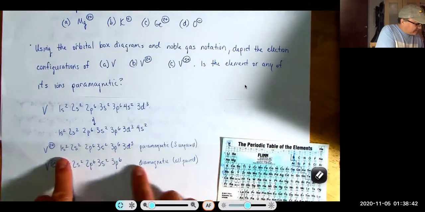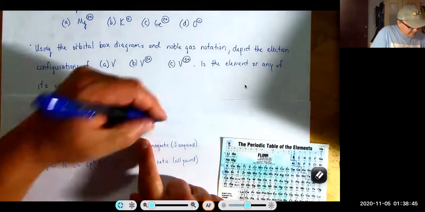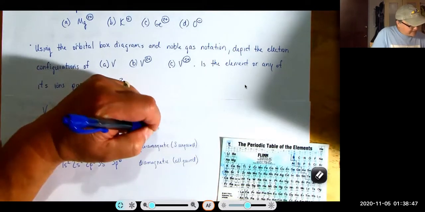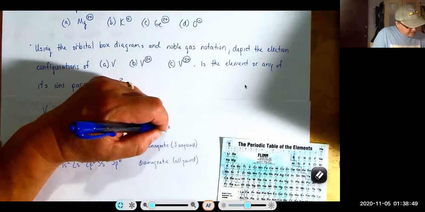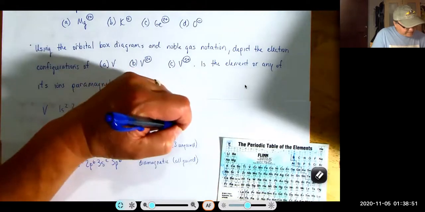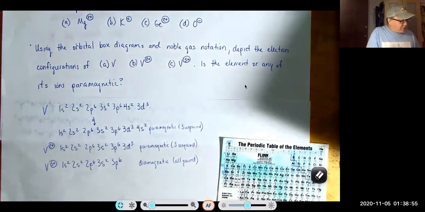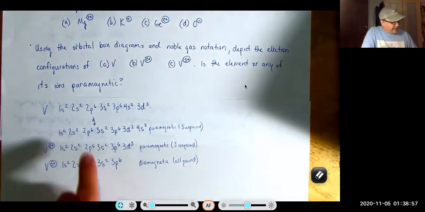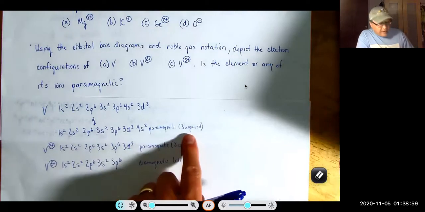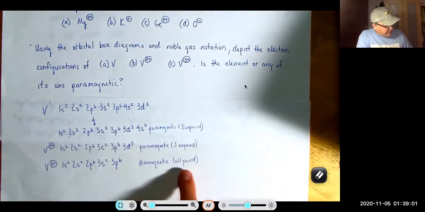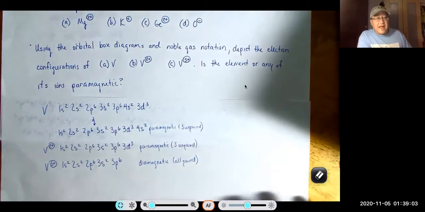Let's see, para, because it has 3 unpaired. And here, to show you that this has 3 unpaired, this has 3 unpaired, and this has 2 unpaired, I'm going to show you the noble gas orbital box diagram.